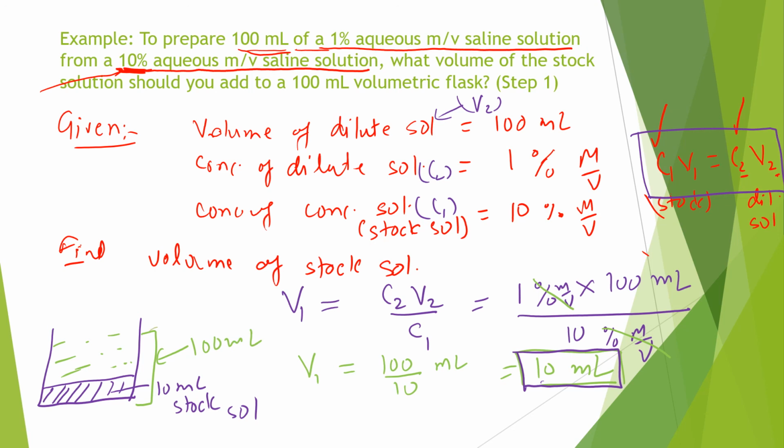Now the total volume is 100 ml, but we already took 10 ml of stock. So how much water do we need? It means that the water needed is 90 ml. So 90 ml water and 10 ml stock solution.